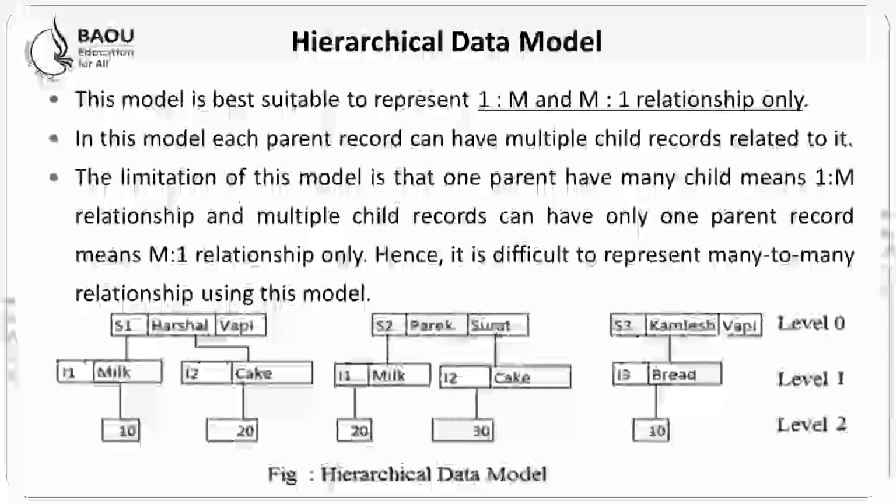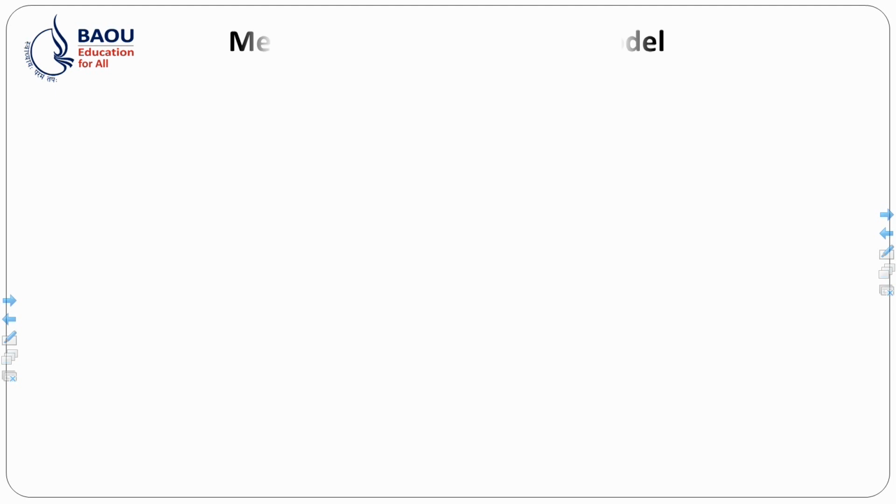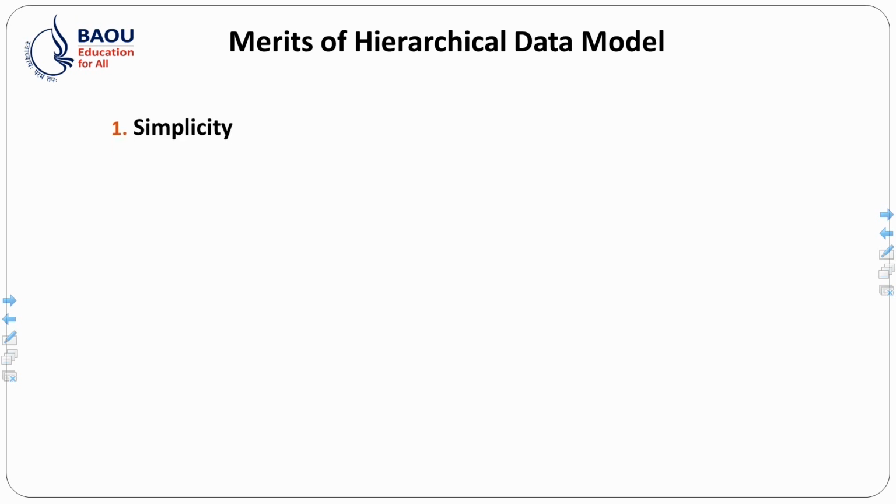Now here we see the merits of the hierarchical model. What do you mean by merits of the hierarchical data model? They are the advantages. What are the advantages? First is simplicity. It is simple and easy to understand and implement because it is always a one to many and many to one relationship.